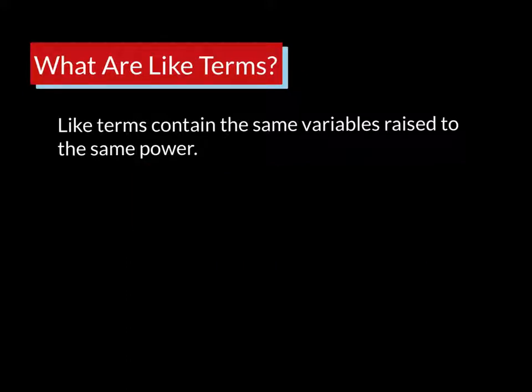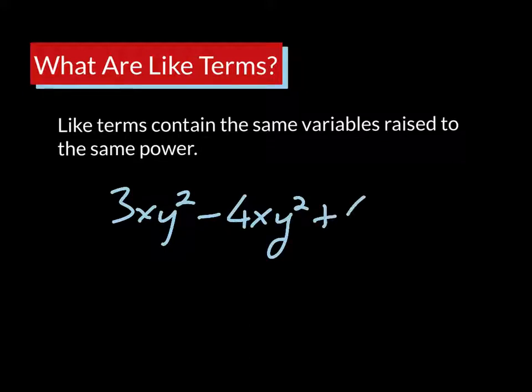Here's another example. Say we have 3xy squared minus 4xy squared plus 6xy squared. The first term has the variable x with no exponent and y raised to the power of 2.